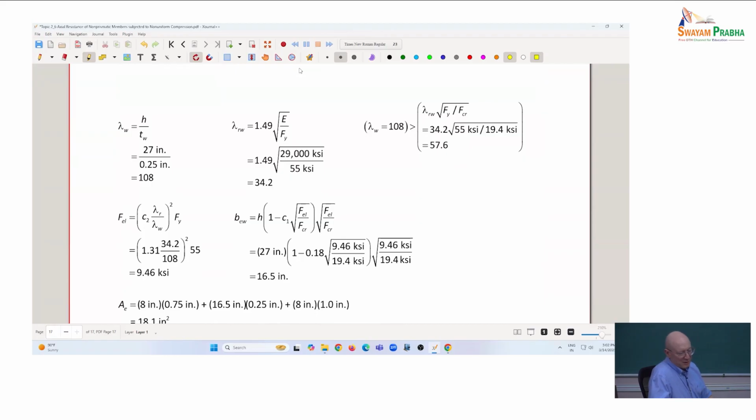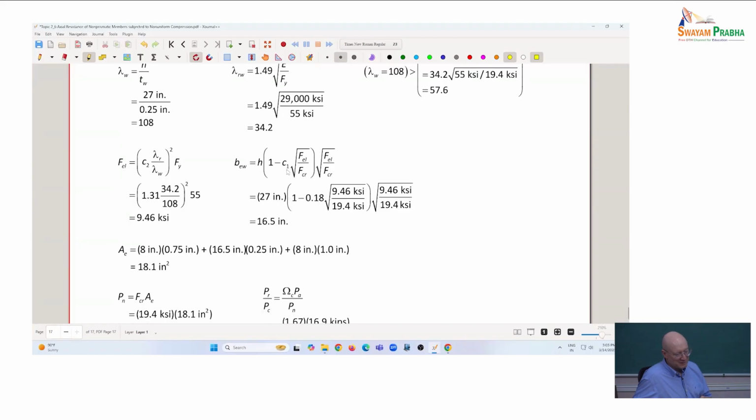We have our non-slender limit, 1.49 square root of E over Fy. 108 is larger than lambda RW, square root of Fy over F critical, or Fn. So we need to calculate the elastic local buckling stress. That's 9.49. We use that in the effective width equation. Effective width is 16.5, where the gross width is 27.